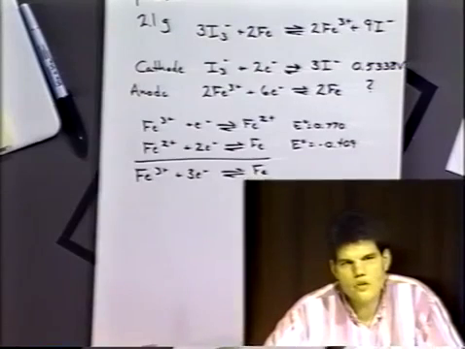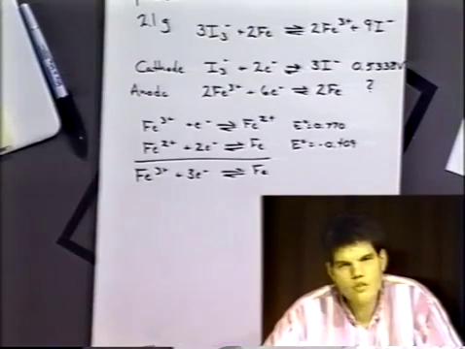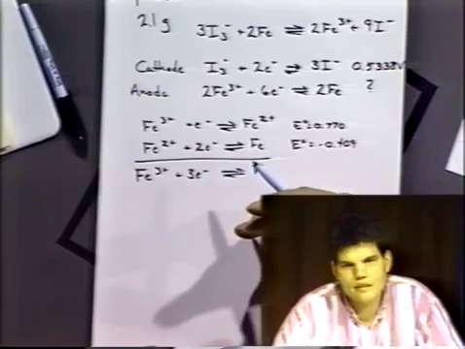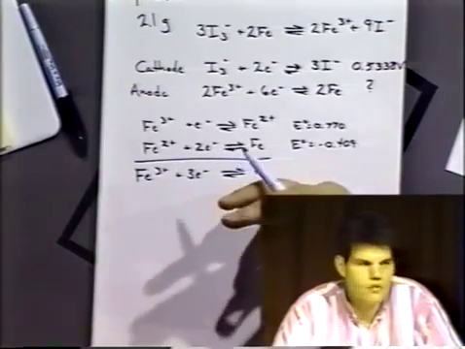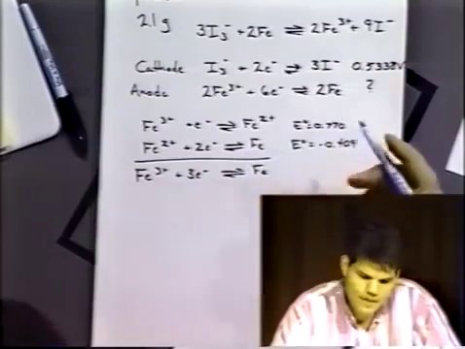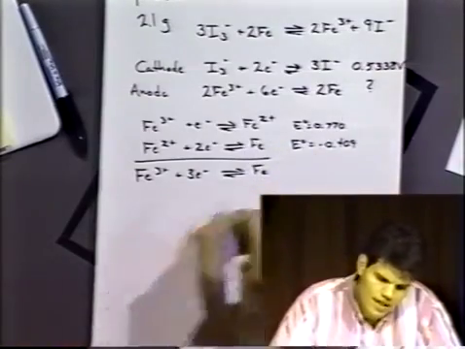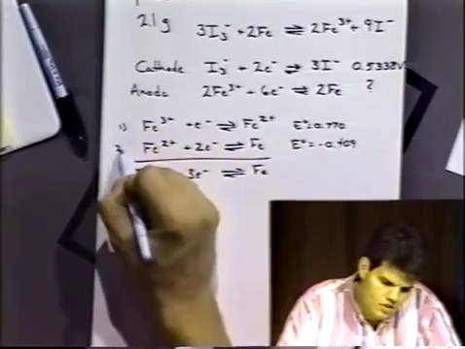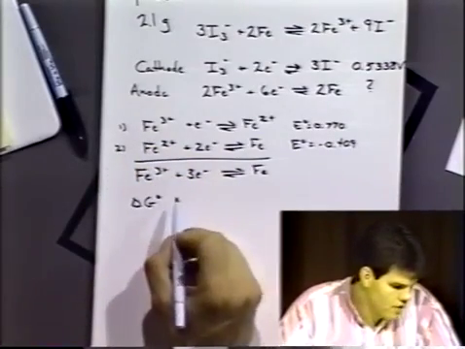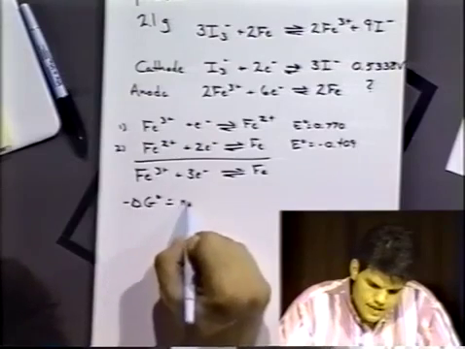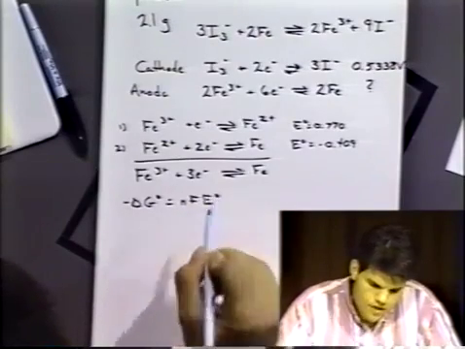So what we have to do is go away from our shortcut method of simply adding the cell potentials and go back to adding the free energies of the reactions, which is really what's being added up. So remember, delta G0 is equal to minus nFE0.